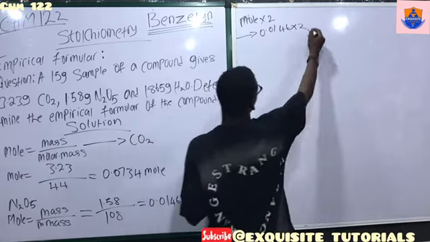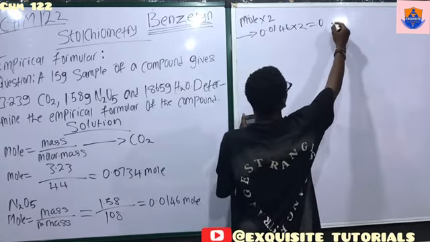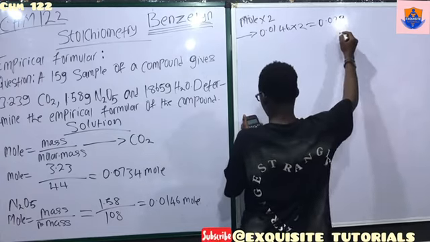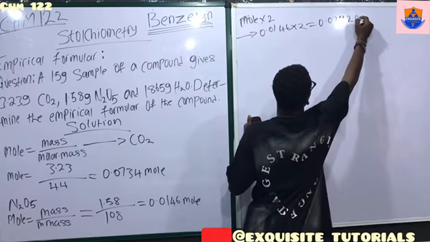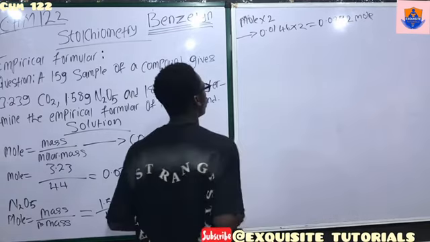So we have this as 0.0292 moles. Now that is the mole of nitrogen.